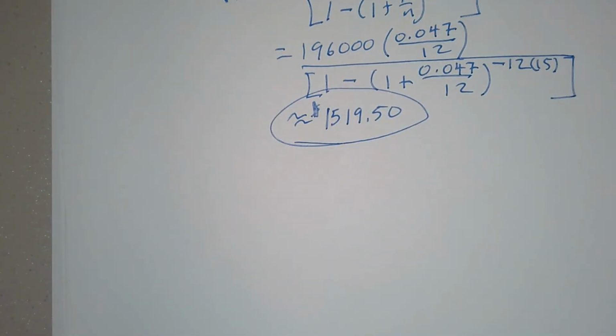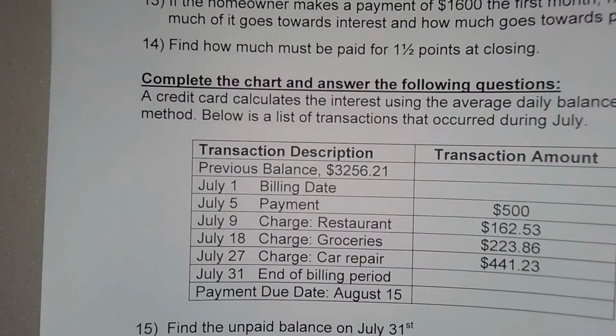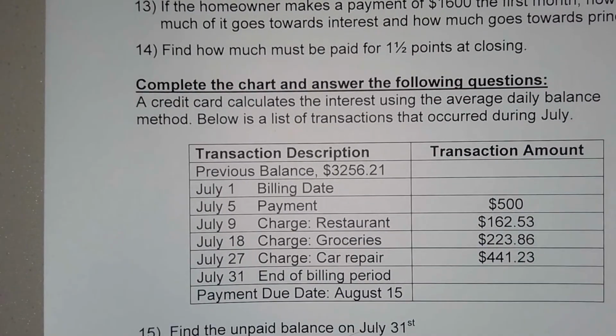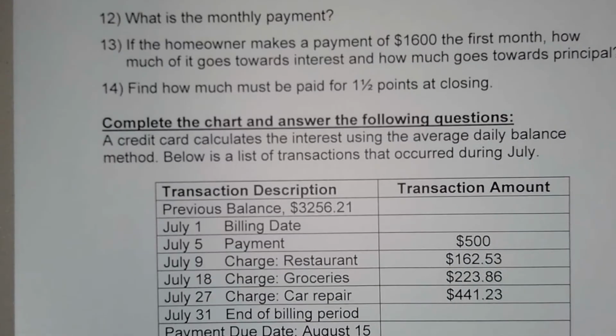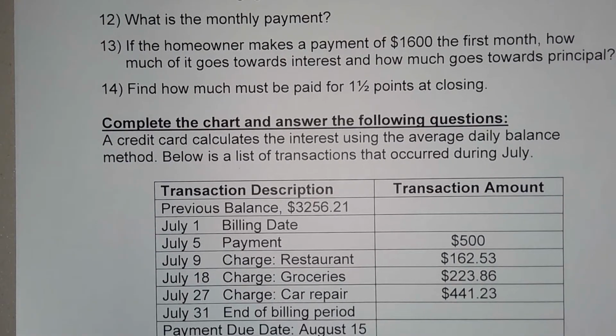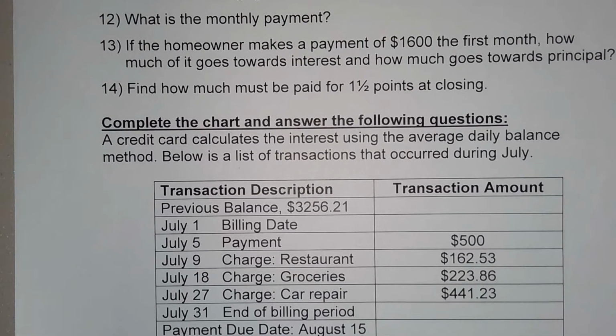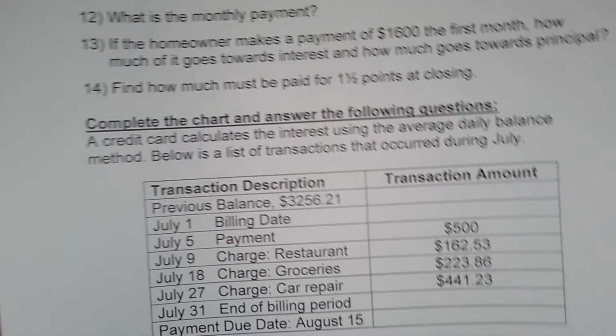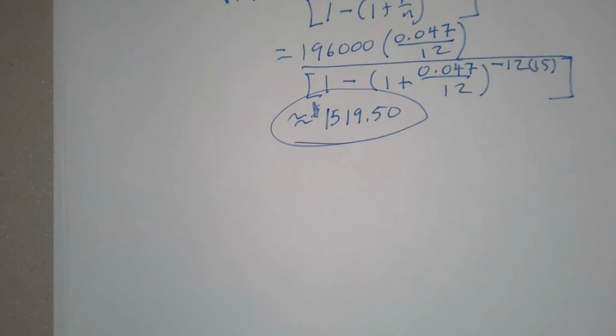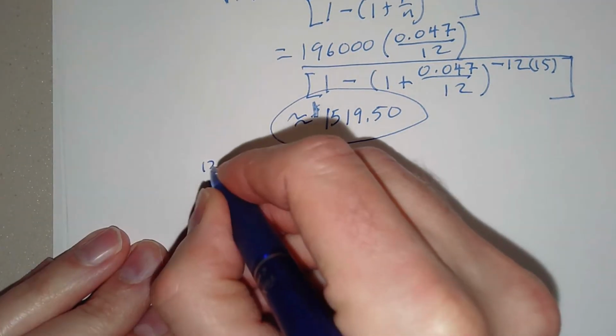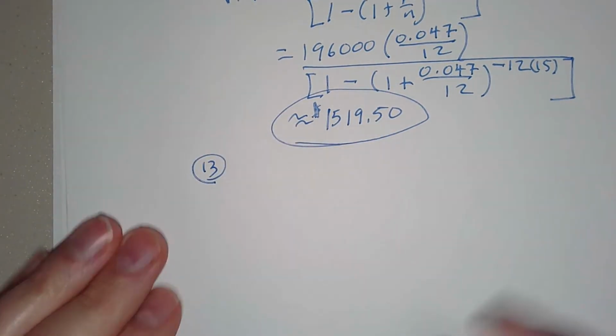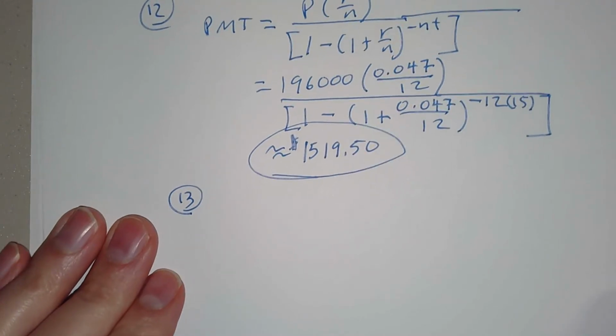All right, so let's take a look at problem number 13. If the homeowner makes a payment of $1,600 the first month, how much of it goes towards interest and how much does it go towards principal? So if we're just looking at the first month, it's really a simple interest problem.